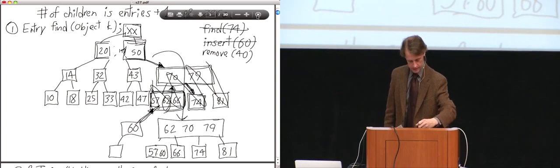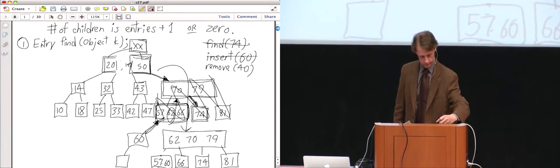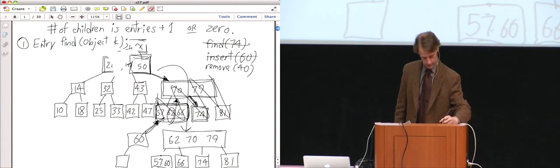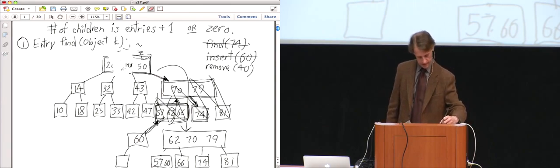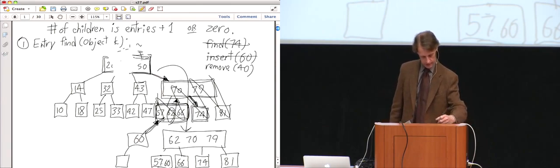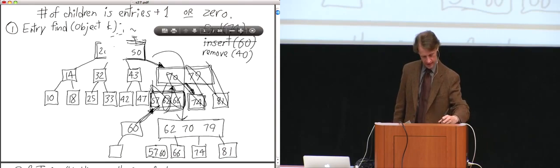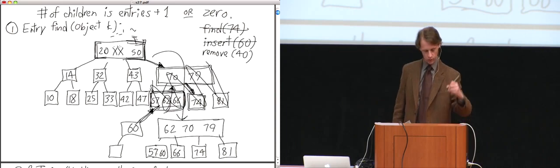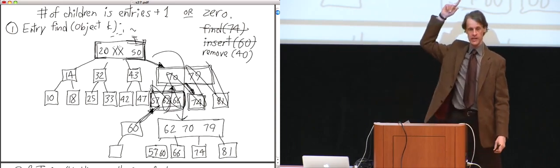So that means remove the barriers between these two nodes and turn this back into a one-key node with 20, a placeholder in the middle, and 50 as my keys.